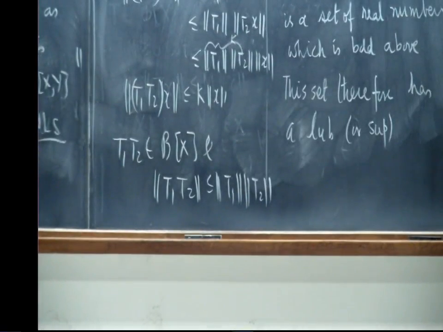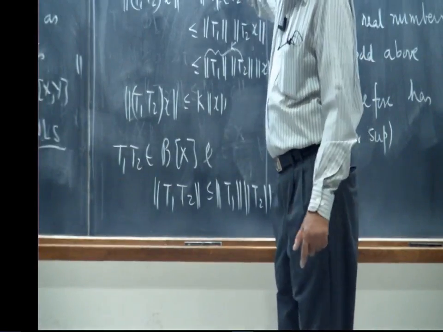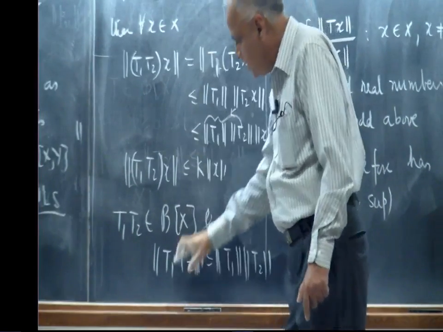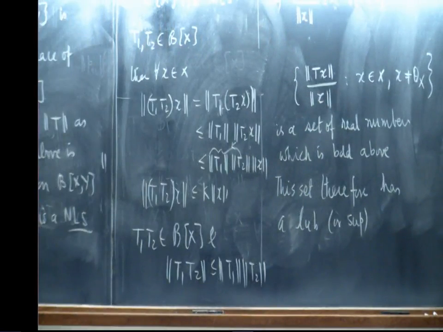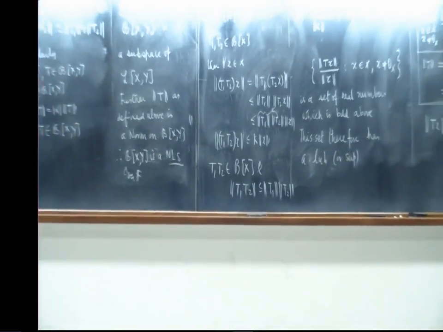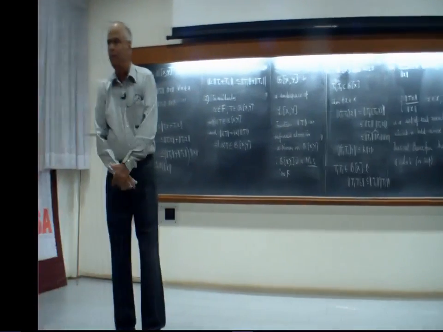So that's it. So this is not only a normed linear space, it is also an algebra. In that algebra, this norm property is maintained. So we call it a normed linear algebra. So Bx becomes a normed linear algebra, and it has identity also, because identity is a bounded linear operator, and its norm is 1. No change has taken place. Norm of Tx by norm of x is norm of x by norm of x, so the norm of I becomes 1.